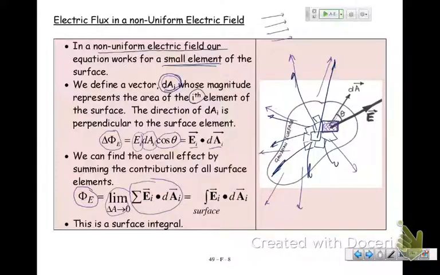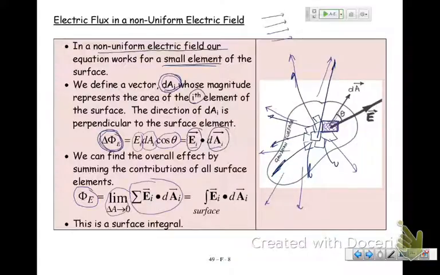The direction of dA, the little area vector, is always perpendicular to the surface element. So our little bit of flux is equal to our little bit of electric field and our little bit of area vector dotted together, which is the magnitude of the electric field times the magnitude of the area times the cosine of the angle between.